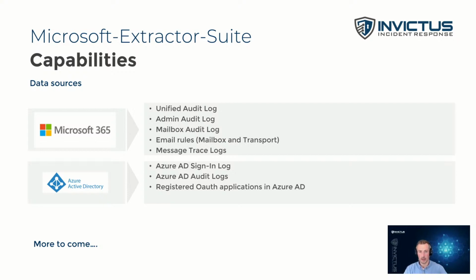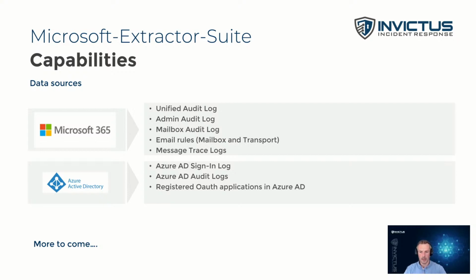The admin audit log is specifically recording what admin activity was taking place. However, in the UAL, you will also have that information available. There's also the mailbox audit log, so specific mailbox-related activity. You can also acquire that with the tool. And we also cover email rules. We'll talk about the use case a little bit later, but email rules are pretty important to analyze.